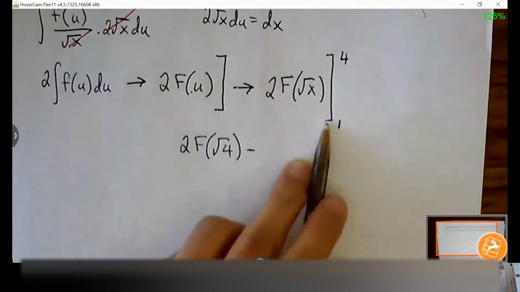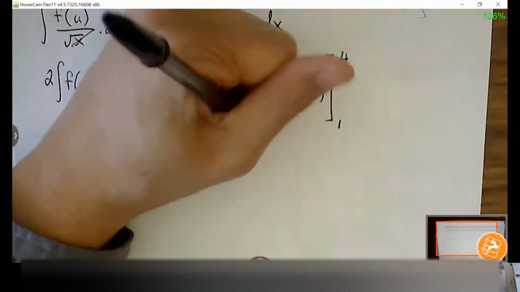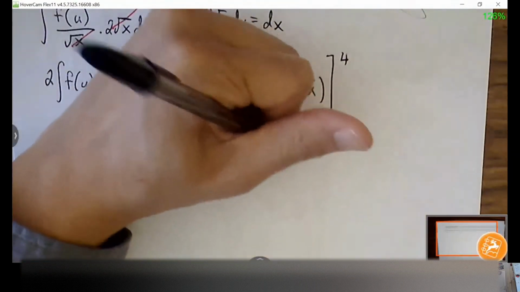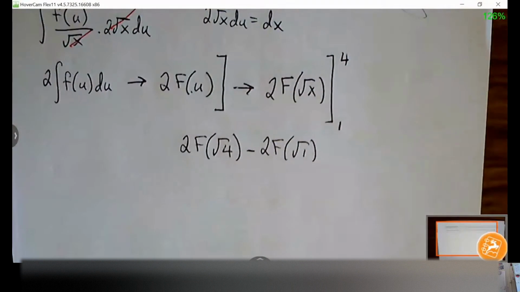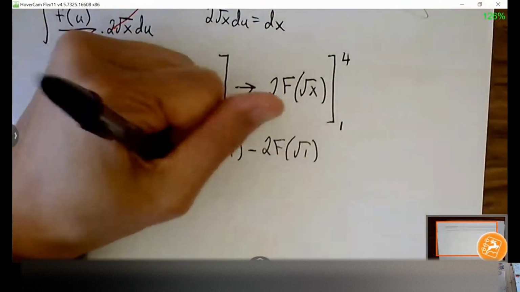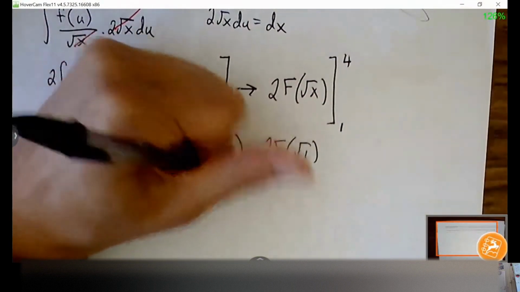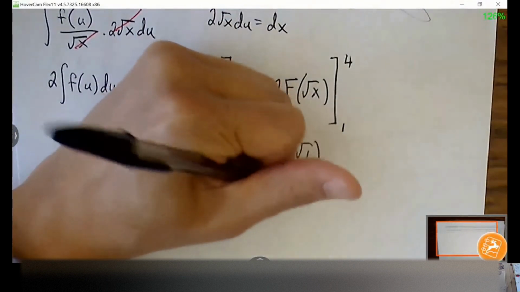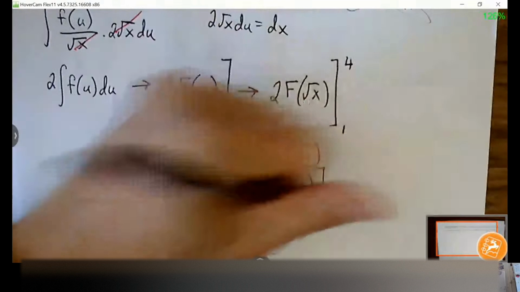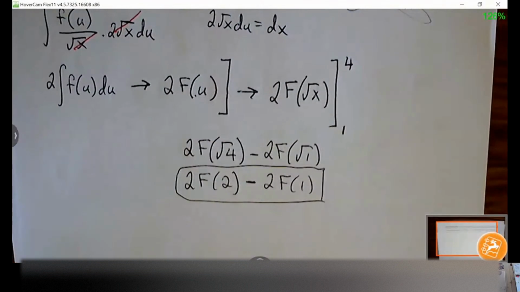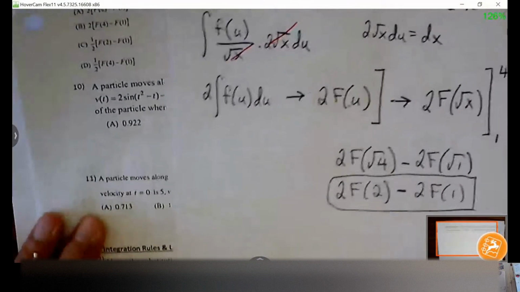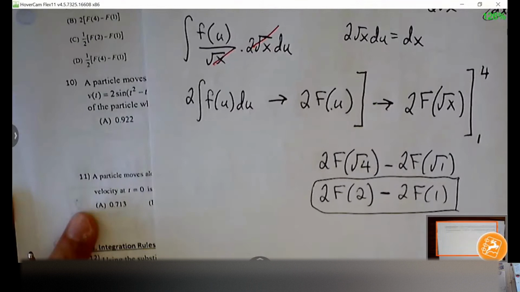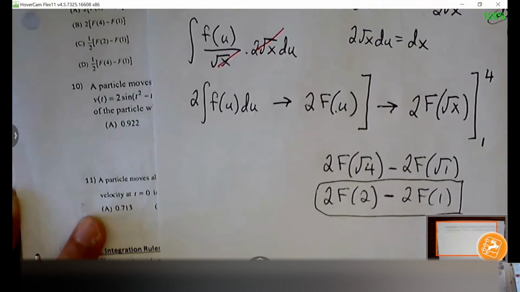Minus, then lower bound, 1 into root x. We can clean this up a little bit. Root 4 is 2. Root 1 is just 1. Answer choice A.